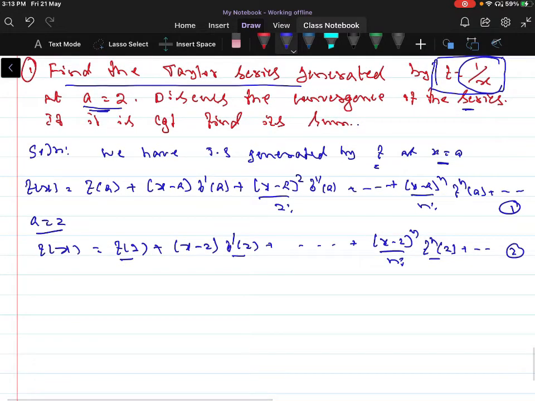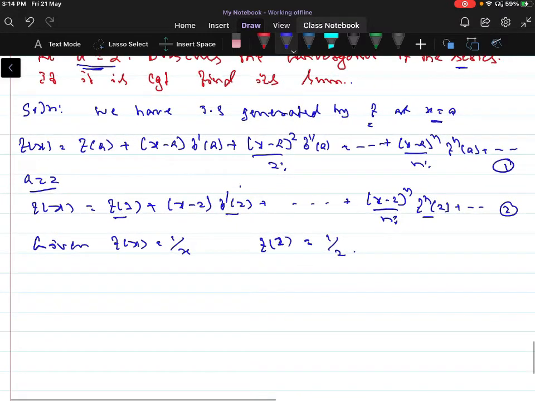Given f(x) = 1/x, let us find f(2). f(2) = 1/2. Now we need to find f'(2).